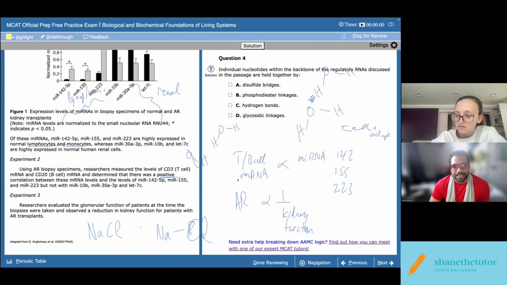So yeah, we have disulfide bridges. What do those look like? I can visualize it, I can't explain.